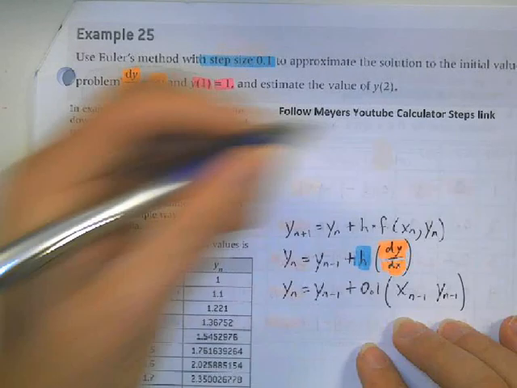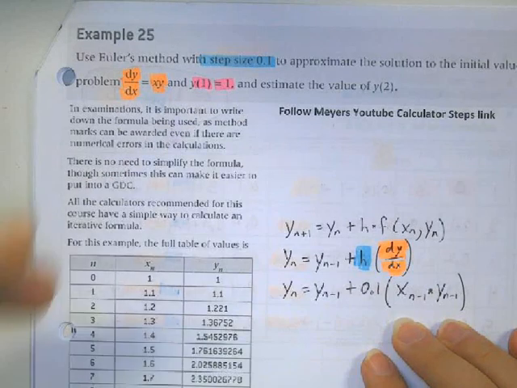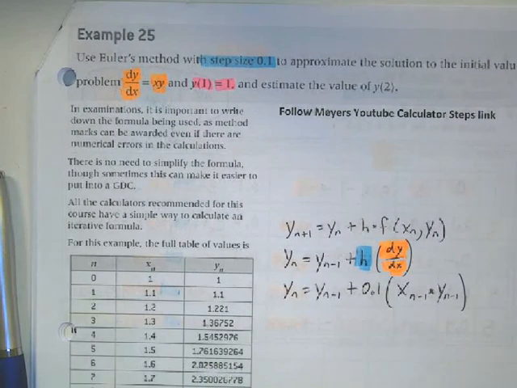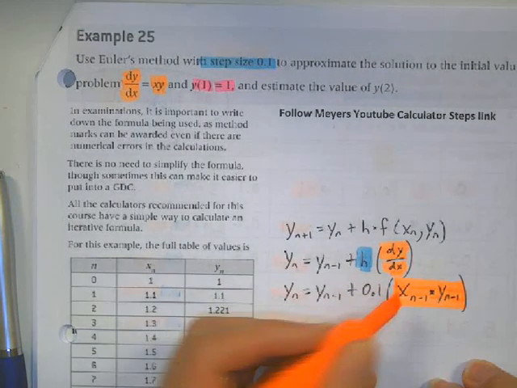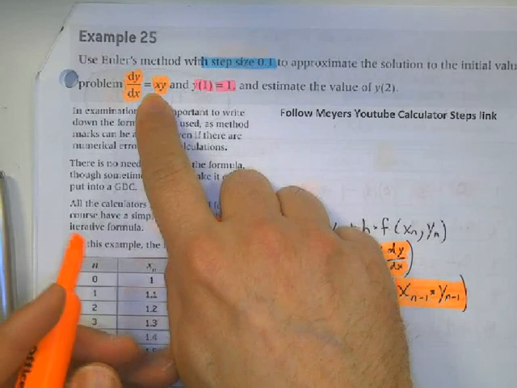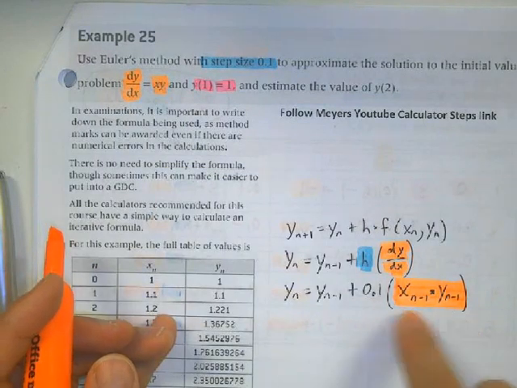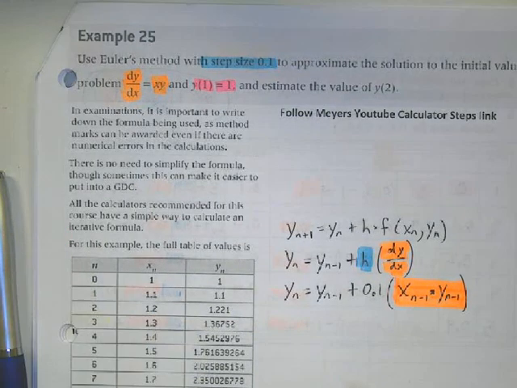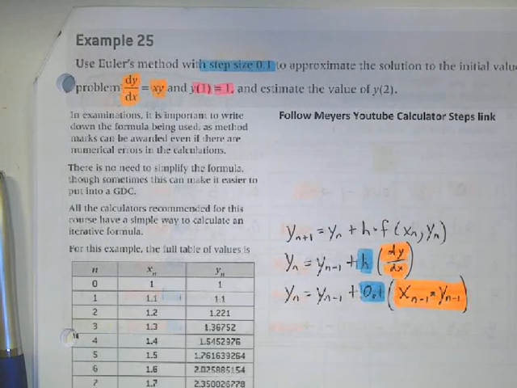I'm going to highlight this in orange so you know exactly what this is. This is the formula for the derivative. The derivative is x times y. So here's x times y, and it's the previous x times the previous y, which is why it's the n minus 1. And my step size is 0.1.